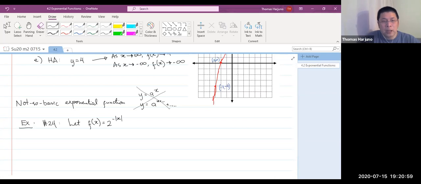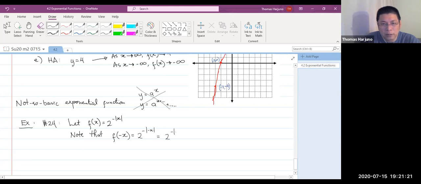Now, first we note that when we replace x by negative x, we get 2 to the power of negative absolute of negative x. Okay, but absolute of negative x is the same as absolute of x, right? And that gives us the original function.